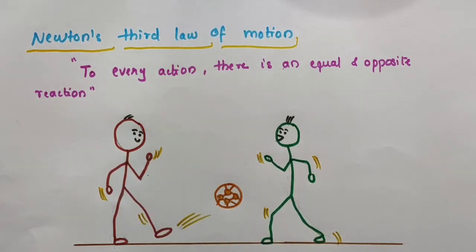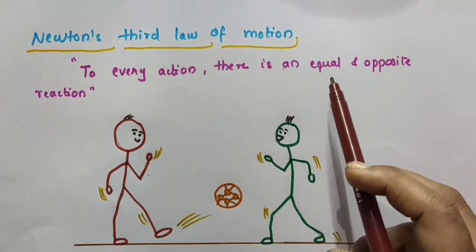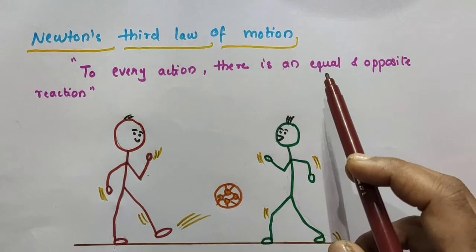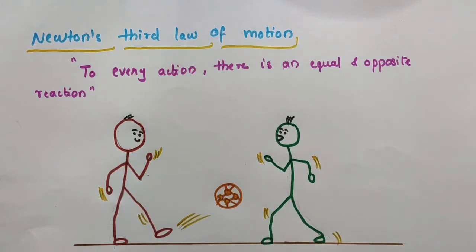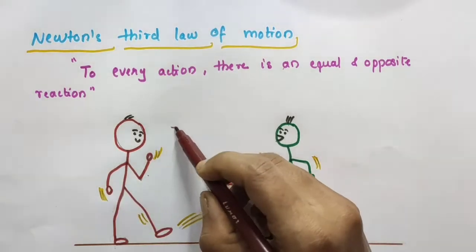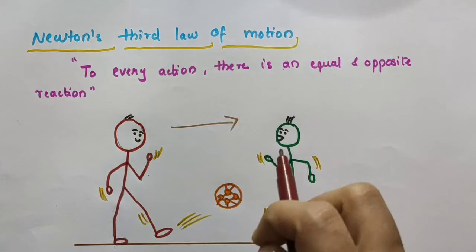So we can say that there is a pair of forces. That is, two forces are there, not just one force. Both the forces have the same magnitude. That is what this equal indicates, same magnitude, but in opposite directions. The first player applies a force on the second player in this direction, as he is going and colliding with him.